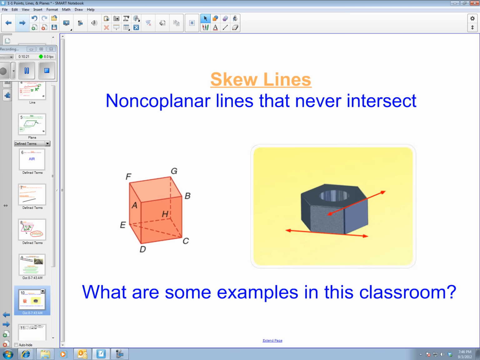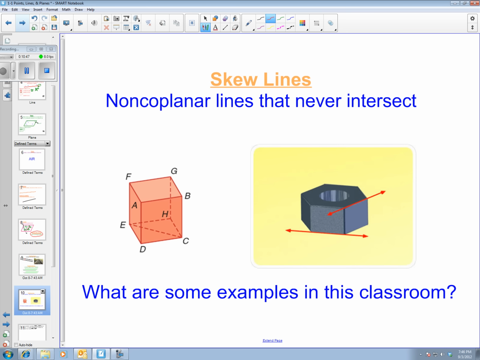Skew lines. This one gets to be a little more tricky. All the words up until now you may have heard before or are fairly easily understood. Skew lines are a little more challenging. The two pictures on the board here really help to describe skew lines. First off, noncoplanar, meaning lines not in the same plane, that never intersect.